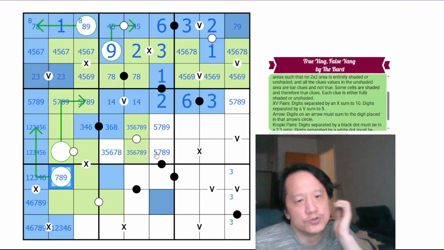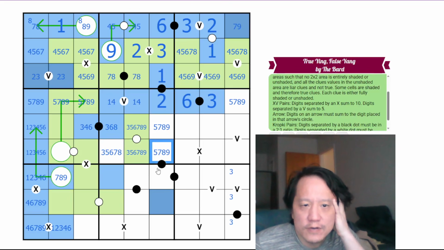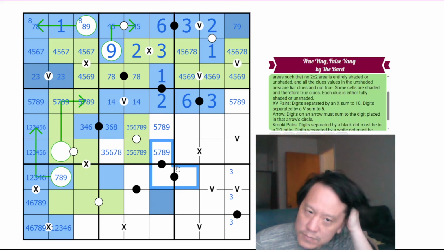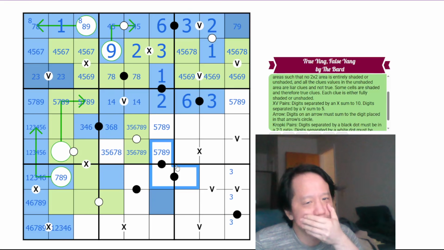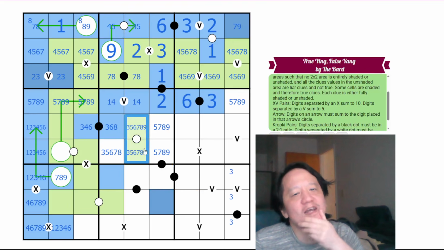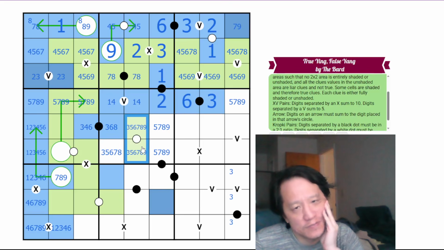What else do we have? These are all the same shading. These cannot be consecutive.